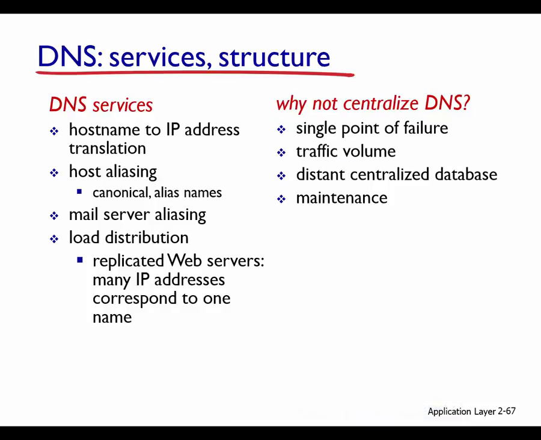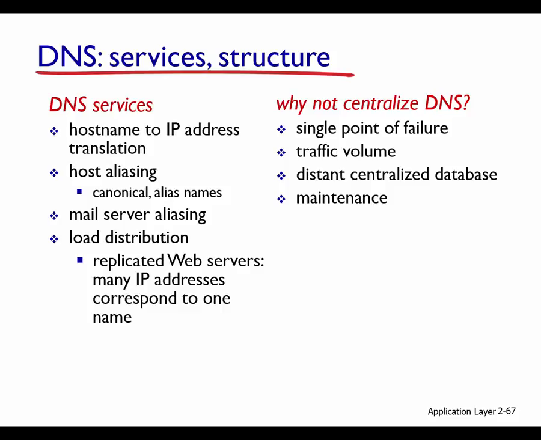As we said, DNS translates host names to IP addresses. It has the ability to do what we call host aliasing. Hosts have their canonical names, which is their real name, but they also have alias names.